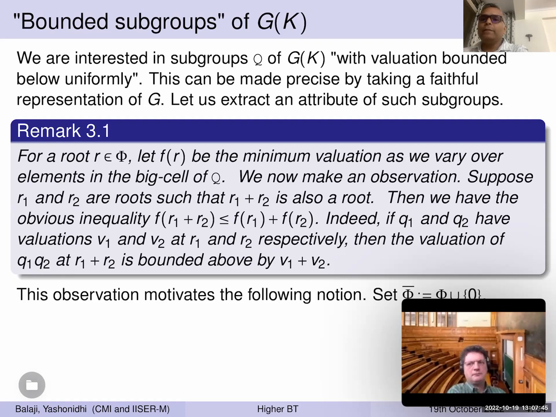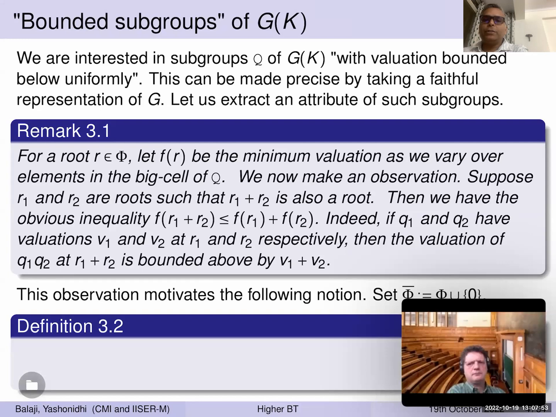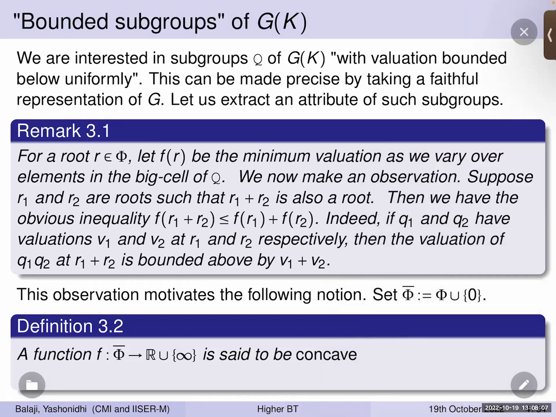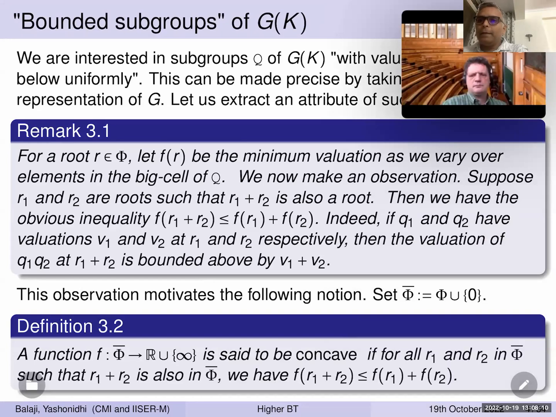This observation motivates the following notion: set Phi bar as Phi union 0. Definition: a function f on Phi bar taking values in the real line union infinity is said to be concave if for all roots R1 and R2 in Phi bar such that R1 plus R2 is also in Phi bar, we have F of R1 plus R2 is less than or equal to FR1 plus FR2.